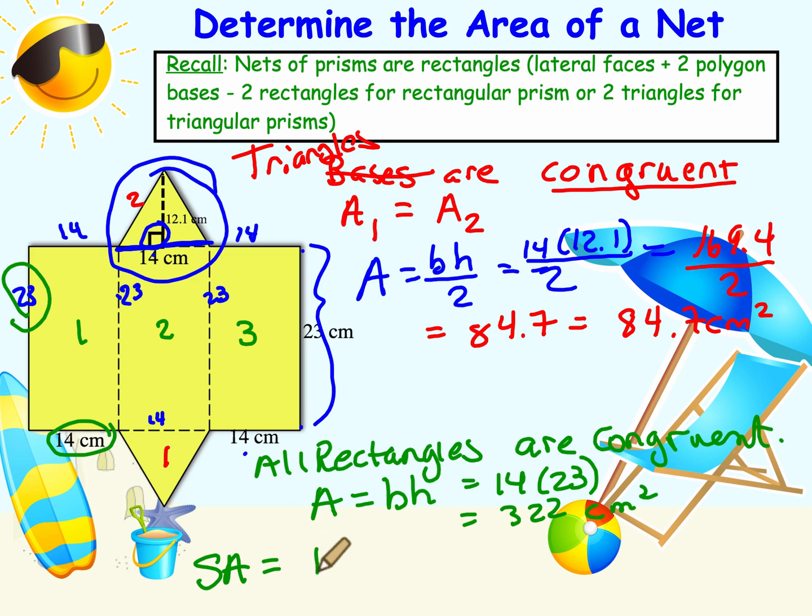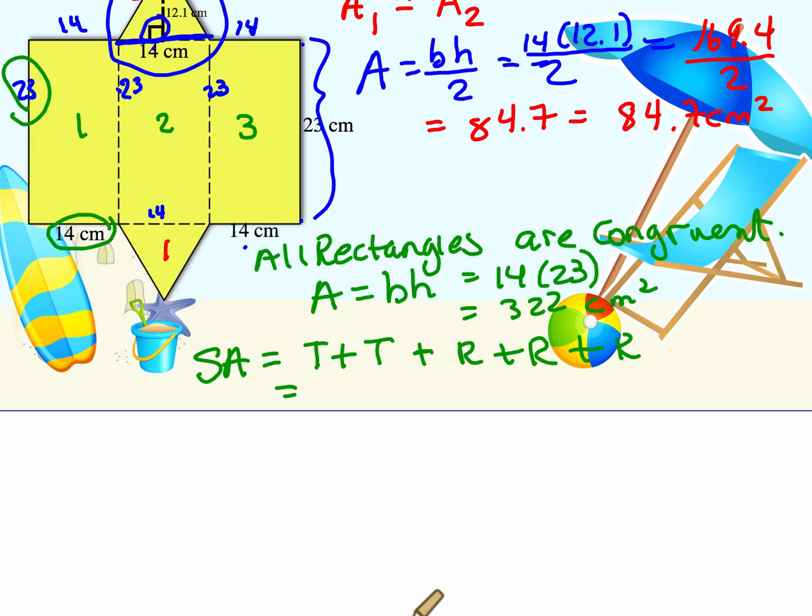So I have to add my triangle plus my triangle plus my 3 rectangles, and then I can get my area. So I would have to add my area for each one.